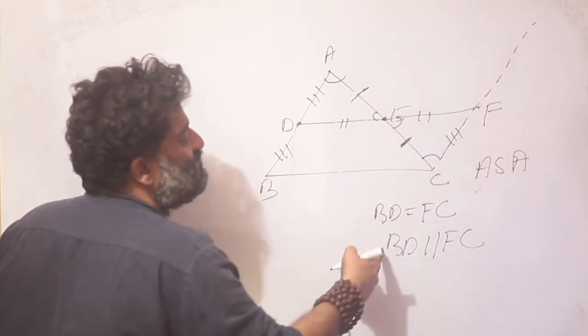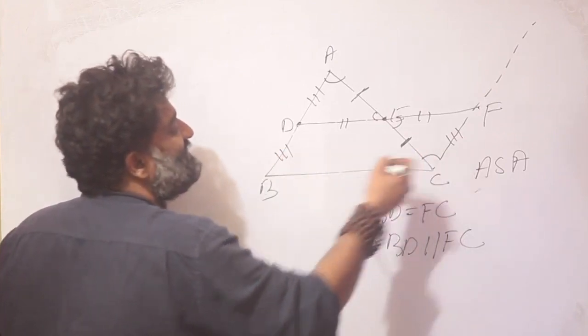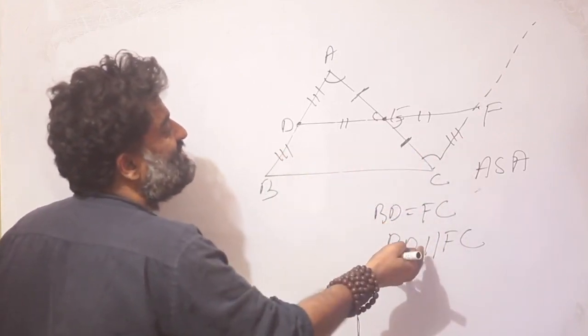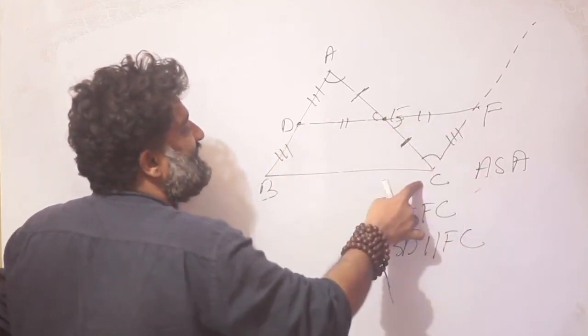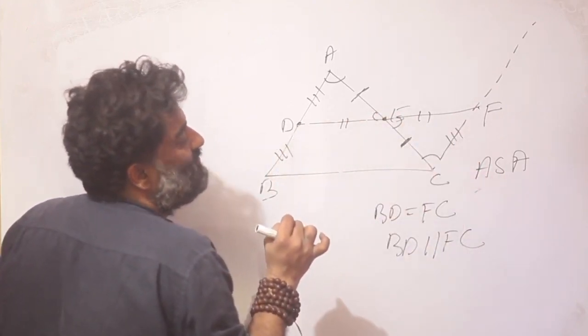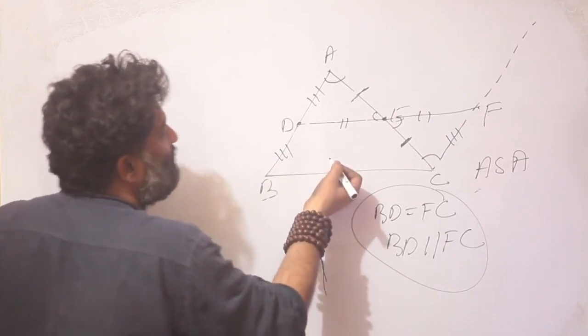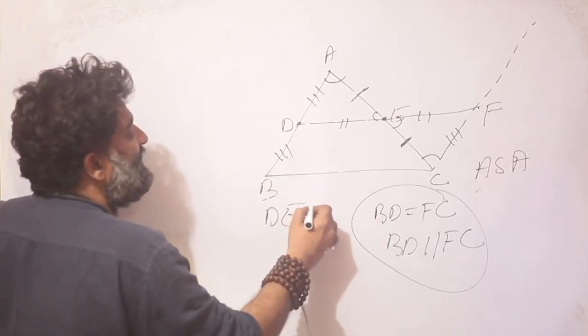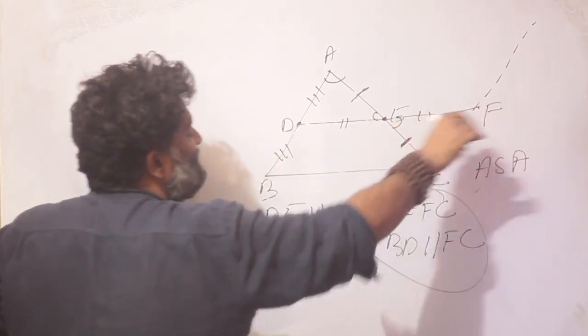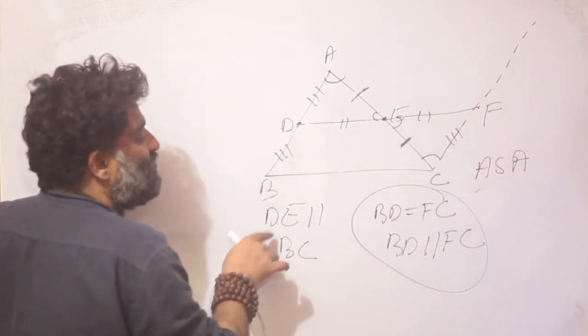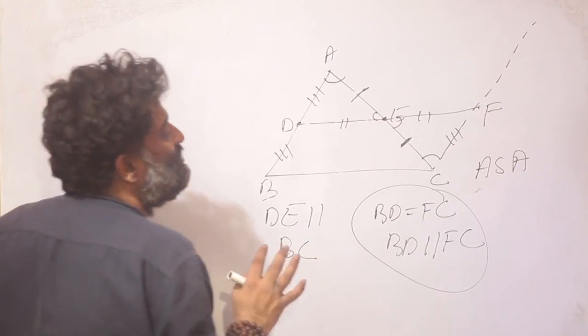The moment the opposite sides are equal and parallel to each other, I know BDFC is going to become a parallelogram for me. My first requirement that DE is parallel to BC is definitely proven because DF is parallel to BC, so therefore DE is also definitely parallel to BC.